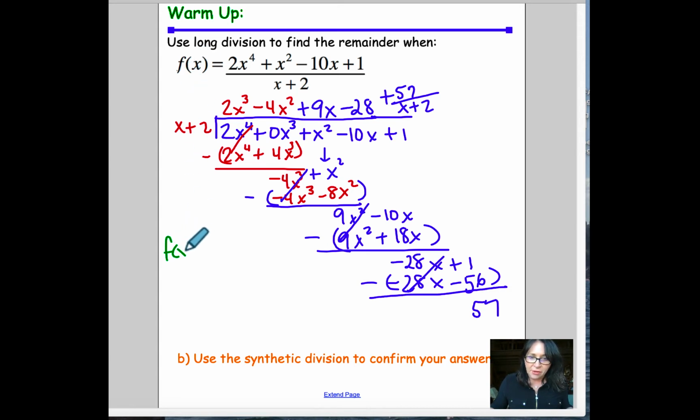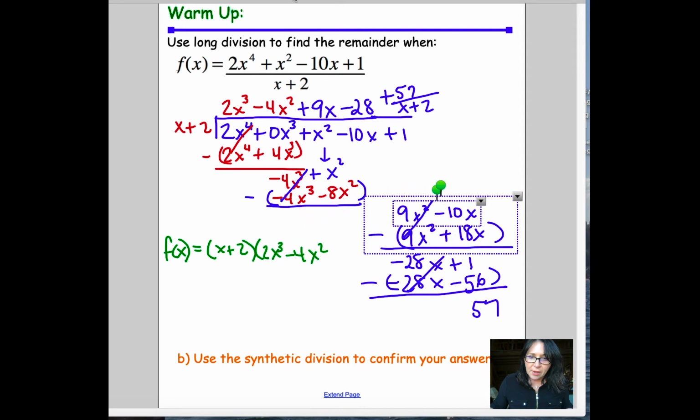So I'd say that value is going to equal my divisor, which is x plus 2, times my answer, which is my quotient, 2x cubed minus 4x squared plus 9x minus 28, and then you have this minus 28 plus 57 at the end.